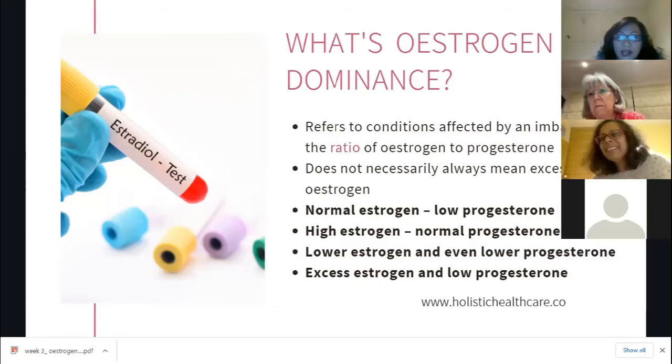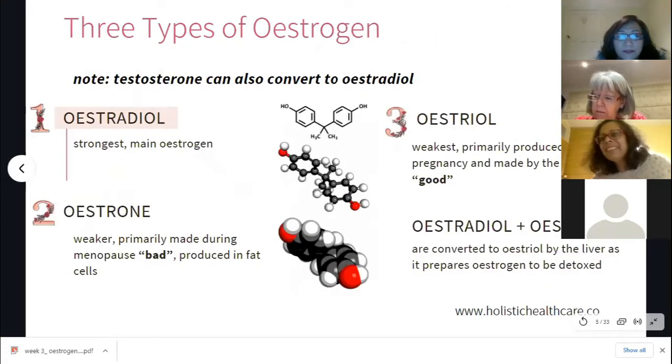Or you can have very high estrogen and obviously low progesterone. So it's really the ratio. We're looking at the ratio between estrogen and progesterone, and it doesn't always mean you've got excess estrogen. As you can see here, you can have low estrogen and normal progesterone, or low estrogen and lower progesterone, and still have estrogen dominance.